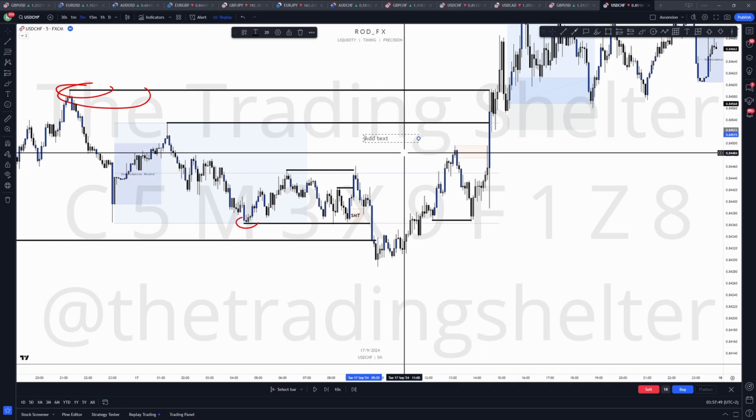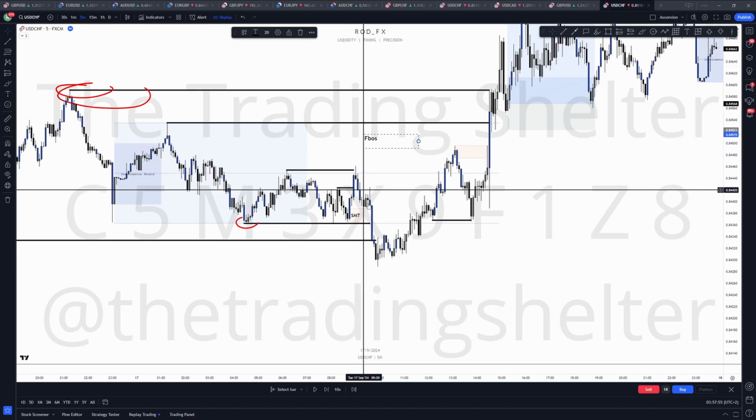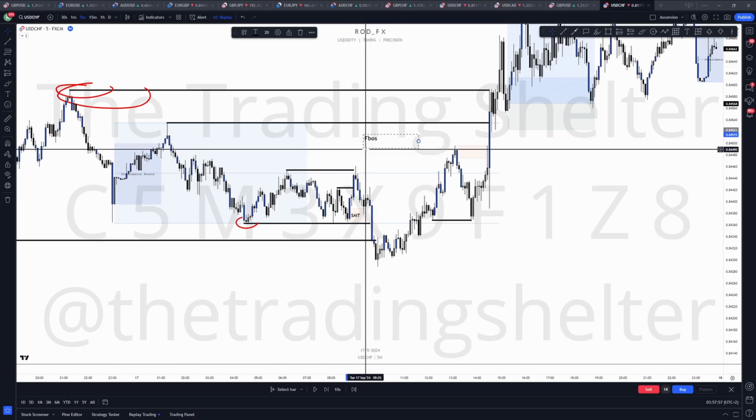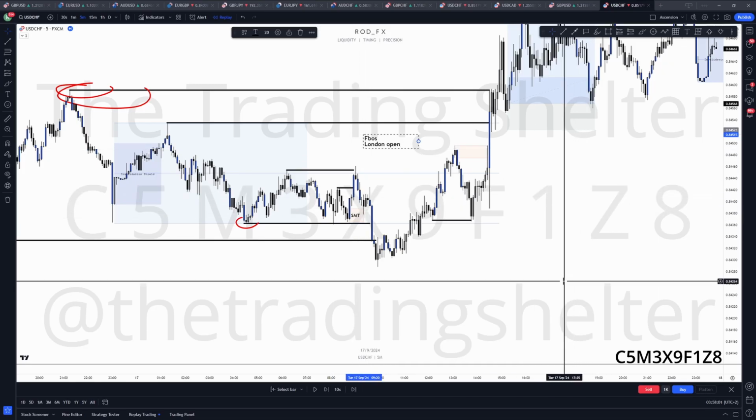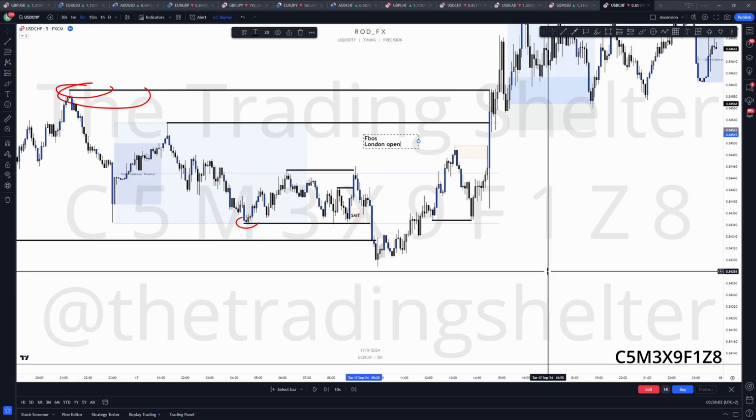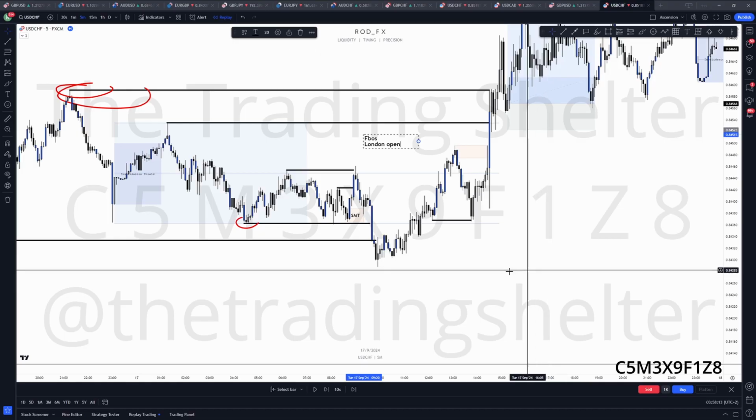We have FBOS, and we also have the opening of the session pushing price lower. We can say London Open. Important: every London Open and New York Open always provides volume, like the analogy I gave of rush hour in the early morning where everybody goes to work. It's the same thing. What do we have?